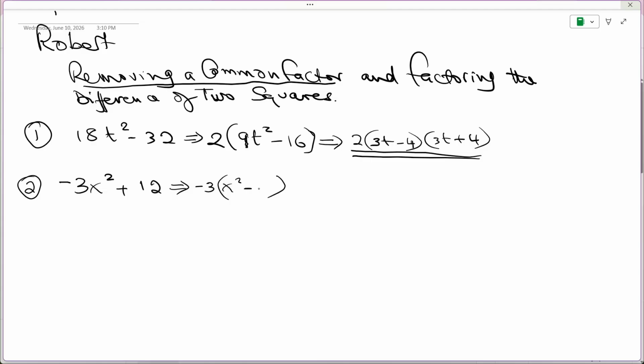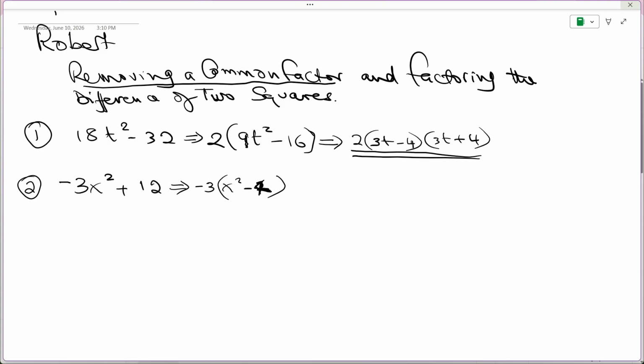So that would be our choice. Sorry, minus 4, sorry, difference of squares, because the square root of 4 is 2.